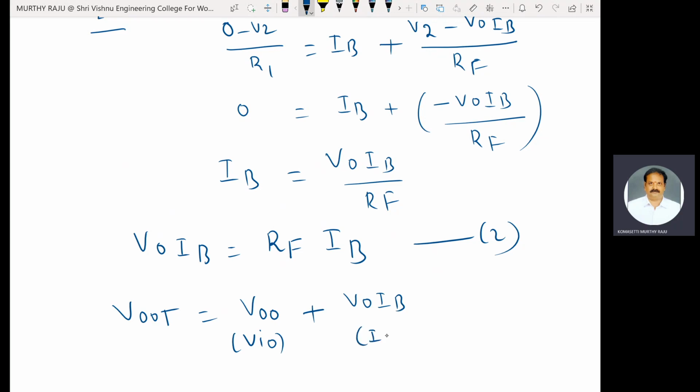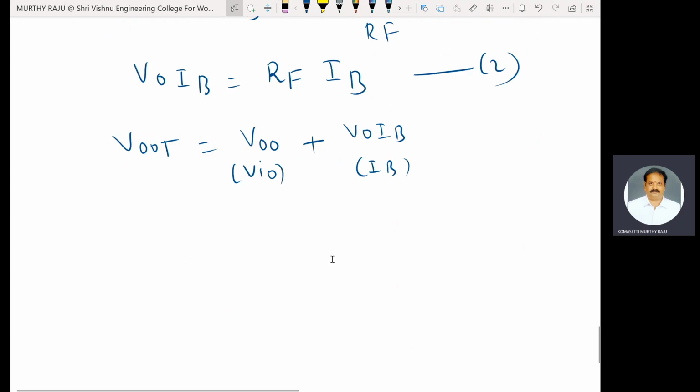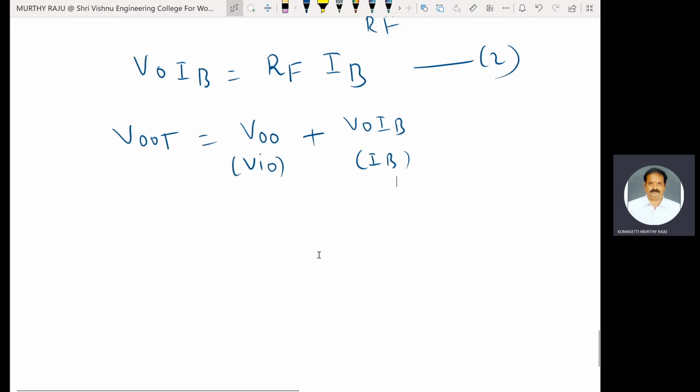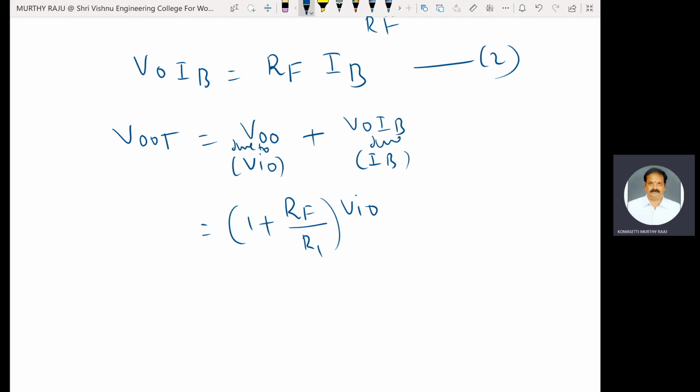These values are substituted here. The V00 value already derived in the first portion is 1 plus RF by R1 into VIO. This one is due to VIO, plus this one is due to IB: the output offset voltage due to bias current IB is equal to RF into IB. This is the total output offset voltage.